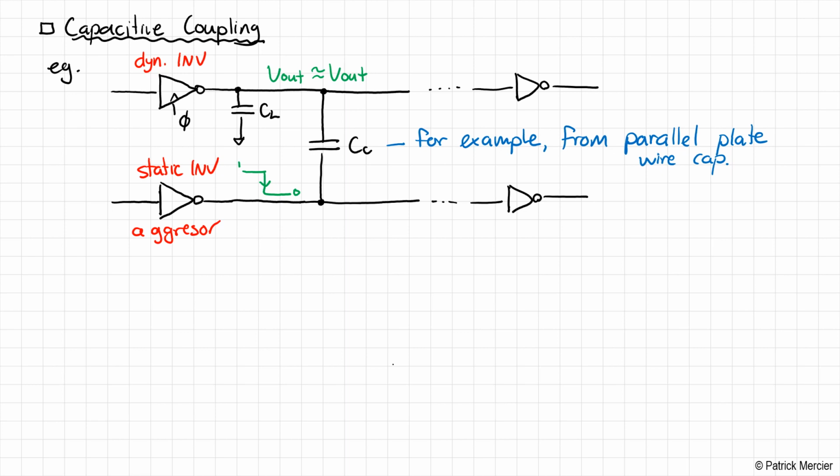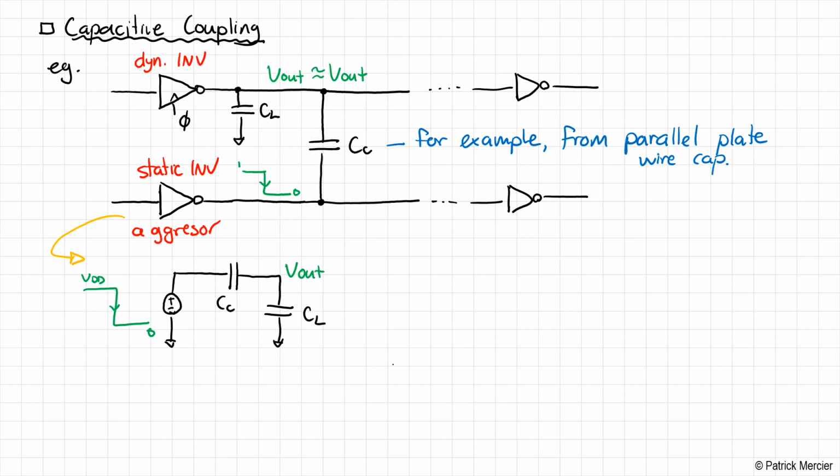So we can model our aggressor as a voltage source that is driving a capacitor that's driving another capacitor. Okay, so this is CC, this is CL, and this here is V out, and the input here is coming from VDD to 0. Okay, so just to be clear here, this is describing the scenario.